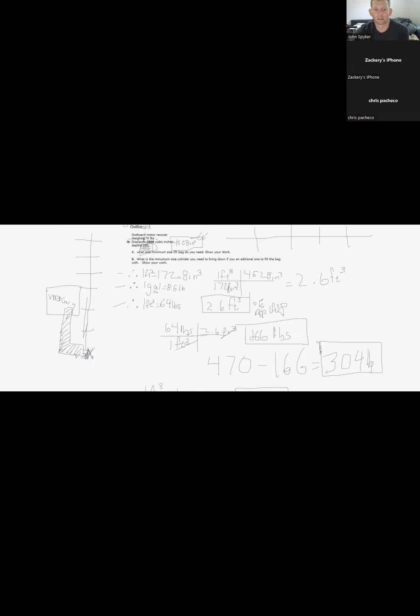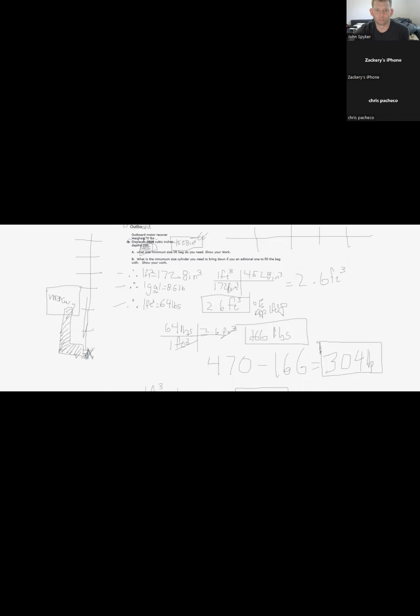Well, there's one last question. Those algorithms that you put together, 1 foot equals 12 inches, squared, cubed. Those things we should probably just have memorized. You don't have to. You can always Google it.